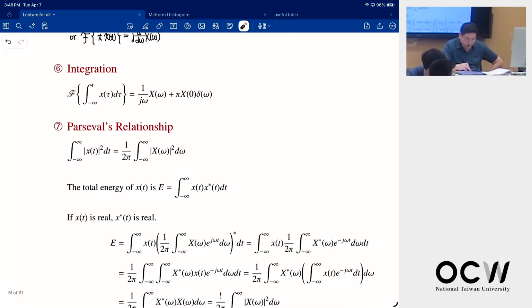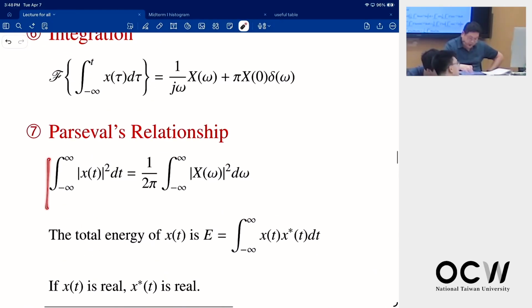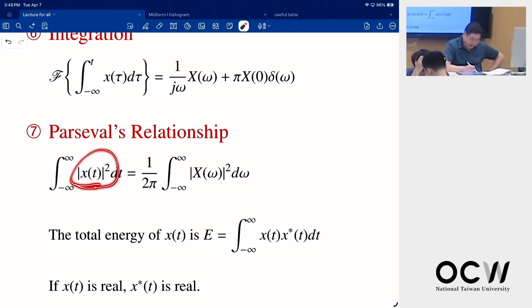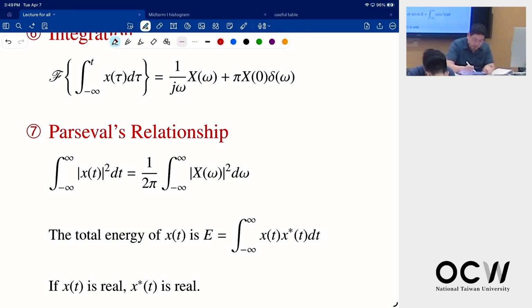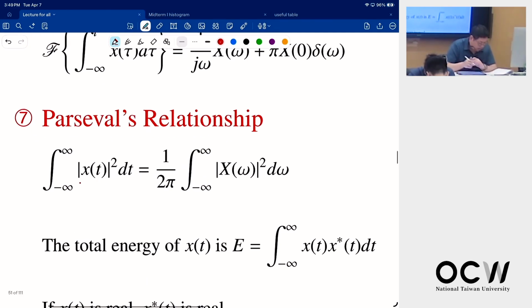Next, the Parseval's relations. What is the Parseval's relations? This relationship says that from this equation, we know this is the signal energy, and here is the energy in frequency domain. The energy should be the same. This is the signal energy.